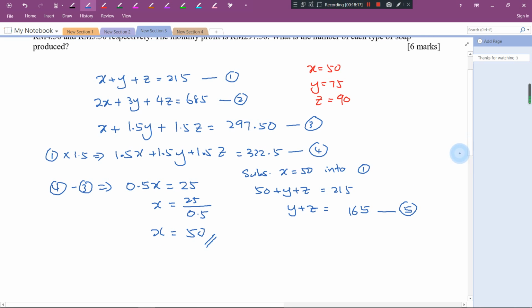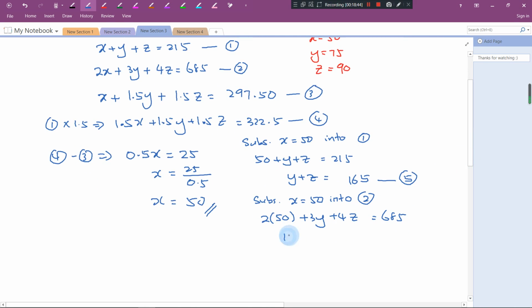So I still need one more. How about I substitute x equal to 50 into the second one. 2x plus 3y plus 4z is equal to 685.